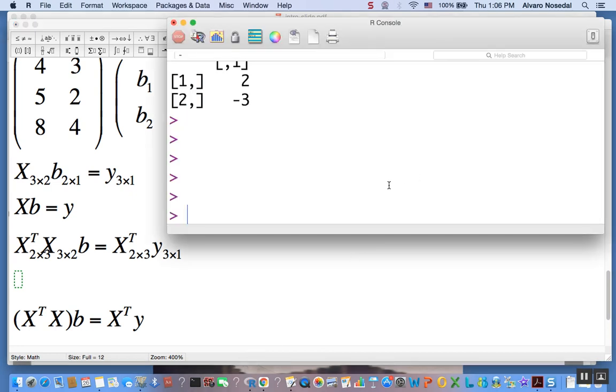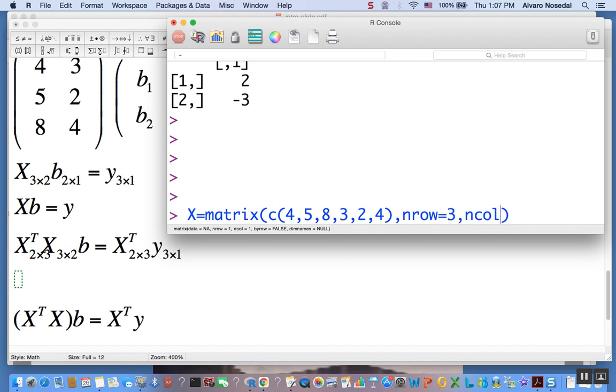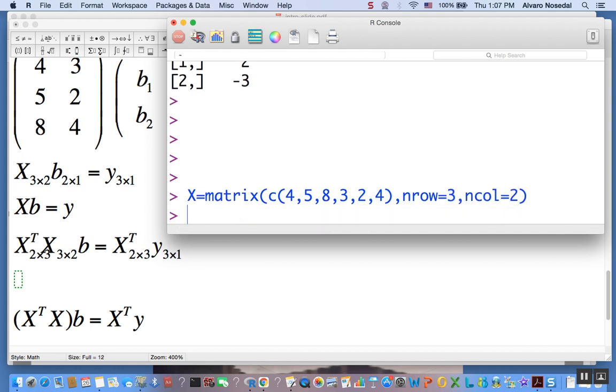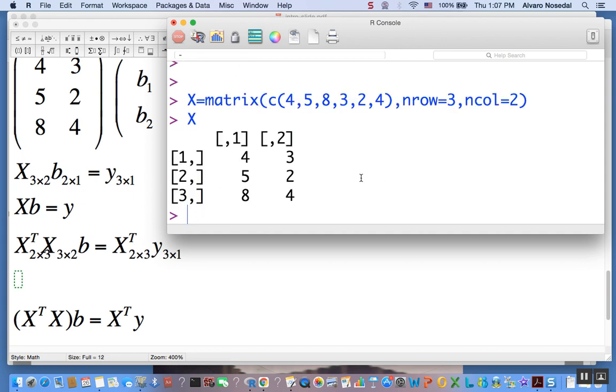So X in this case is going to be the matrix with column vectors 4, 5, 8, 3, 2, and 4. The number of rows is 3, number of columns 2. Let's make sure that it is the one we want: 4, 5, 8, 3, 2, 4. That's exactly what we want.